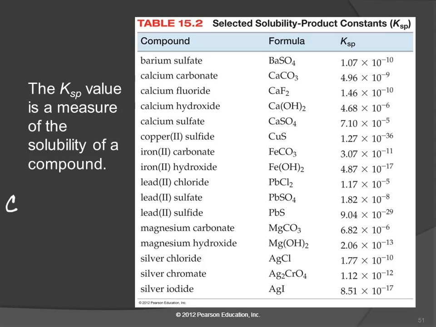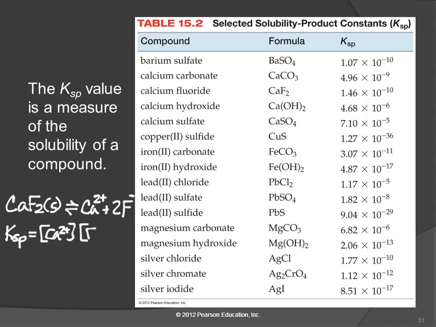So calcium fluoride, a solid, is in equilibrium with, I'm going to leave out the state symbols because I don't have room, 1 calcium ion and 2 fluoride ions. And so the expression for KSP is going to equal the calcium ion concentration times the fluoride ion concentration squared, because of this 2 here.